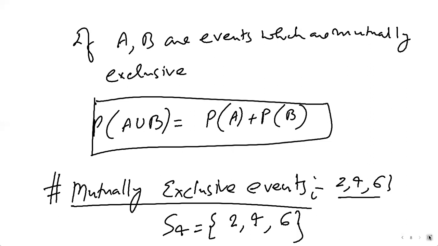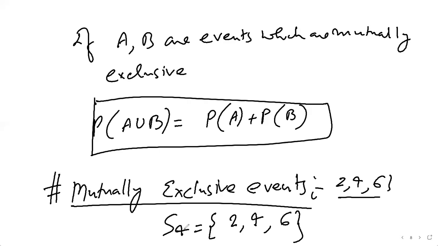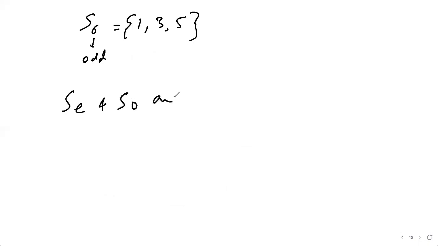Right? Now let's consider a set, or maybe in this case I would like to call it SE, where E stands for even. And now I can again define a set called SO, where O stands for odd, which would be 1, 3, 5. So you can see that SE and SO are mutually exclusive.